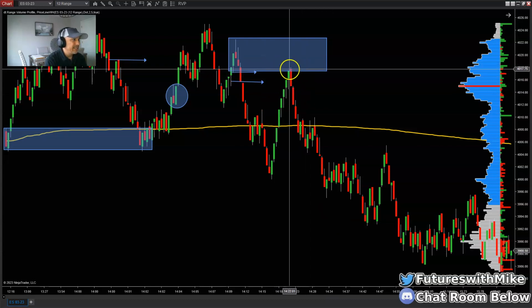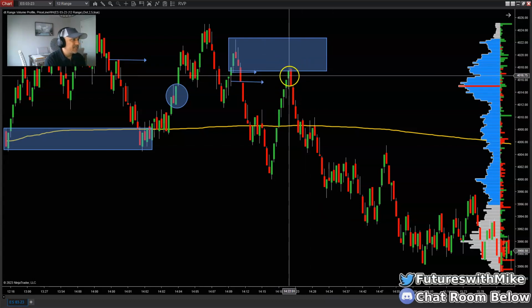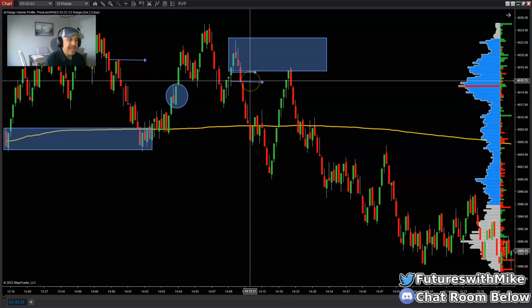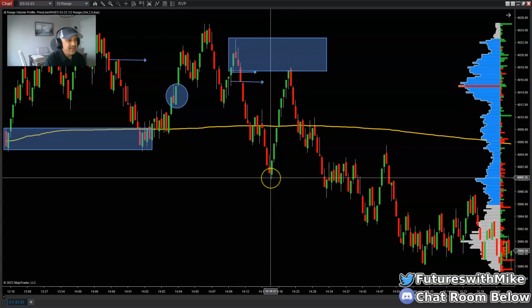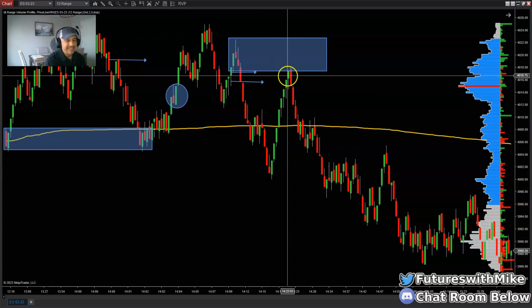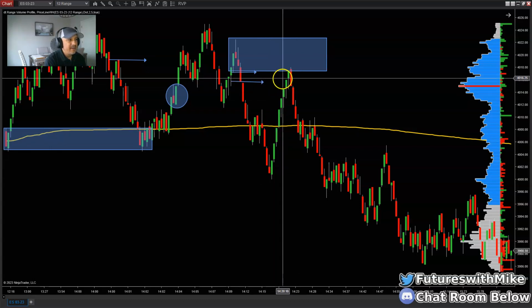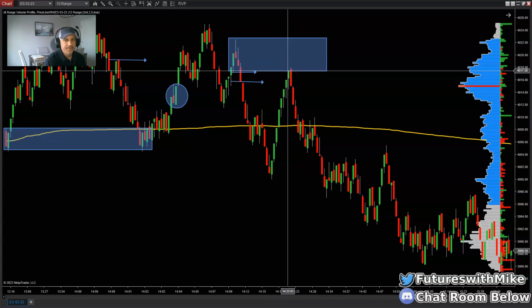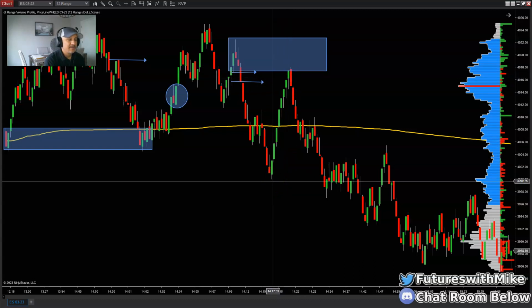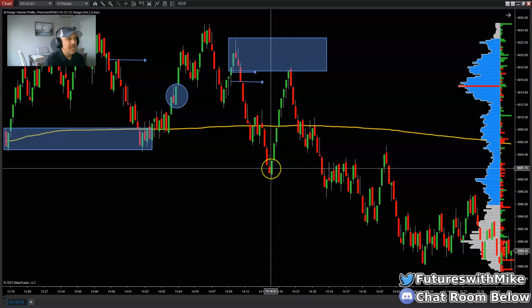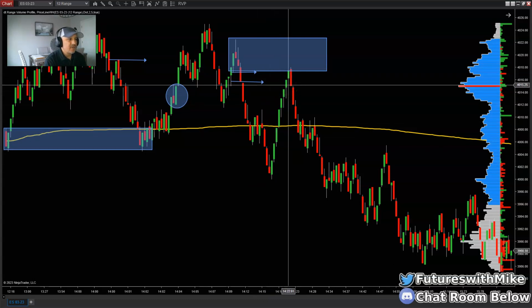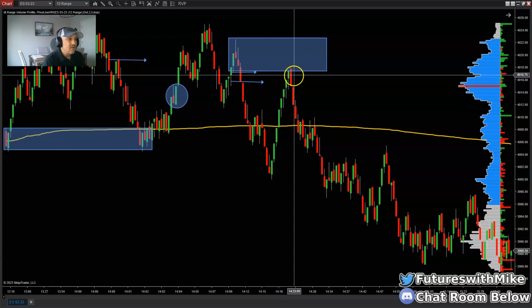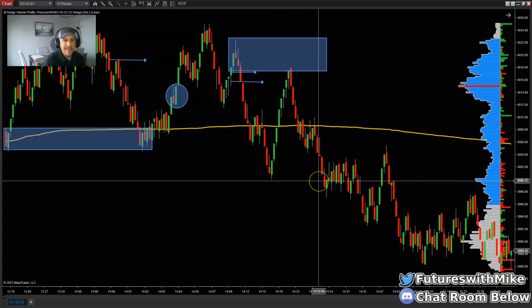When I see something like this, where price taps back into the supply zone, where it had aggressive selling, filling in the gap or imbalance, and I see this big move back to the upside where there's a lot of buying right here, tapping back into this area of supply, I'm looking to go short to fill in this area back down here at the low. Definitely, 100%, no doubt. There's nothing standing in the way, as far as support, that's going to stop me, okay? So I get in to close this candle here and take the ride back to the downside.